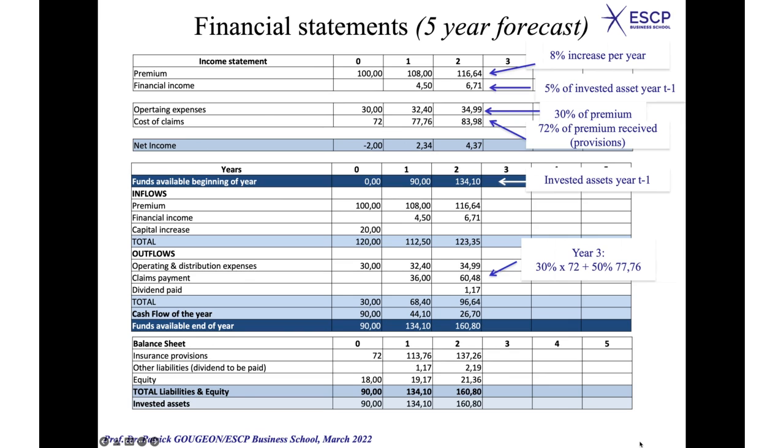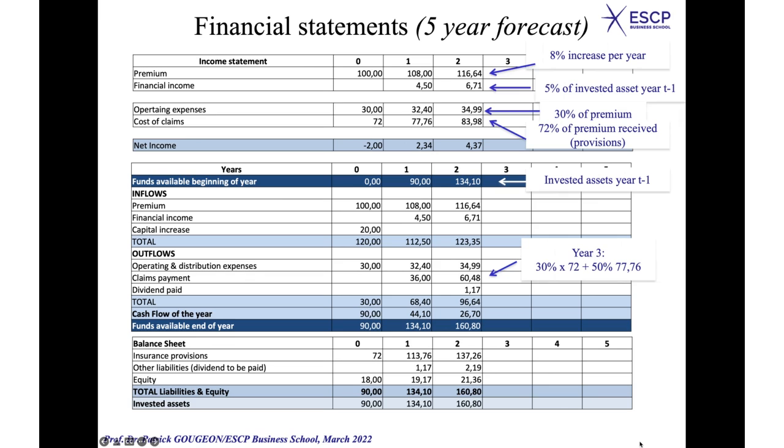You see, in other words, you have 30% of 72, which corresponds to claims payments for the premium received immediately, the first 100, plus 50% of 77.76. 77.76 is actually 72%, a loss ratio of 108. So you see, when you look at the claims payments, you have a kind of combination of payments from different tiers of premium collected.